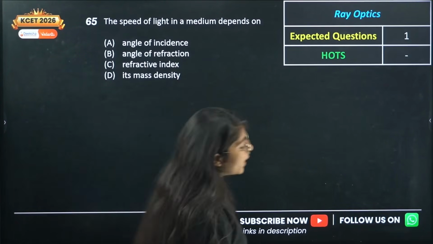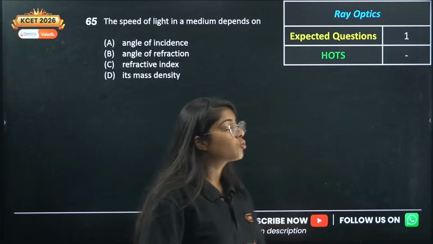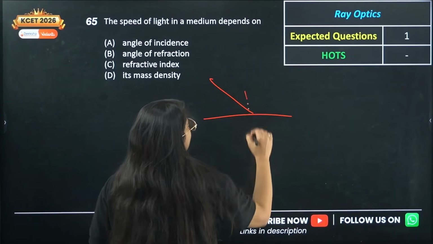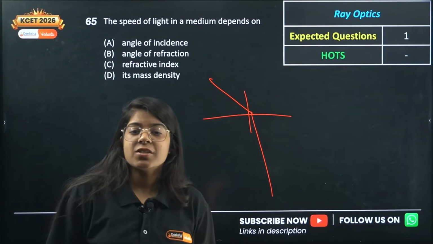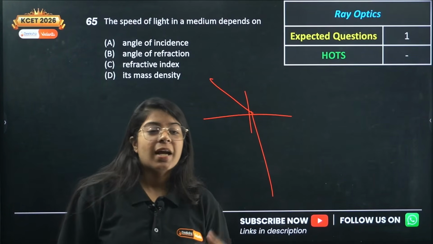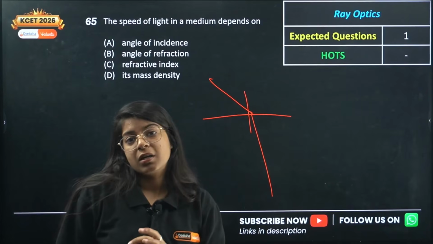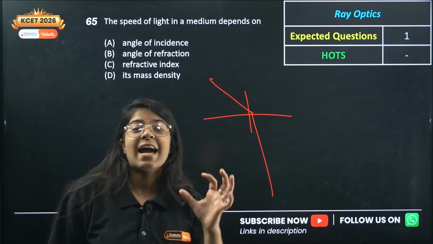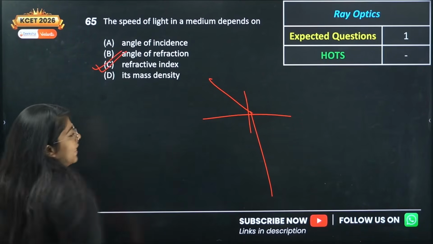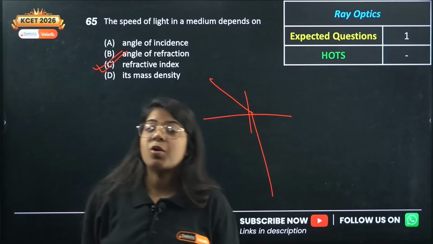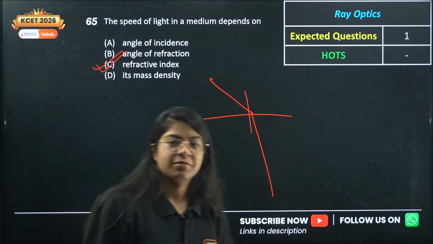Now, if light goes from one medium to another, its direction changes. But why does it change? Because one medium is rarer and the other is denser. That means they have different refractive indexes, which is a property of the medium itself.